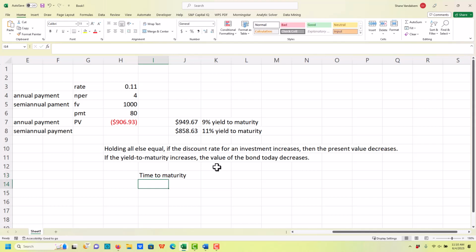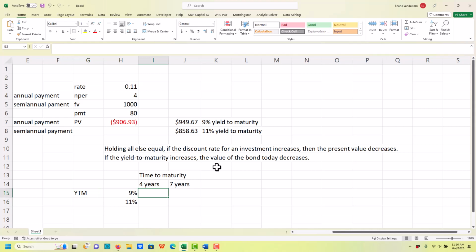Okay, we're going to have 4 years, we're going to have 7 years, and yield to maturity on this axis, 9% and 11%. So this is our yield to maturity over here, our time to maturity up here.